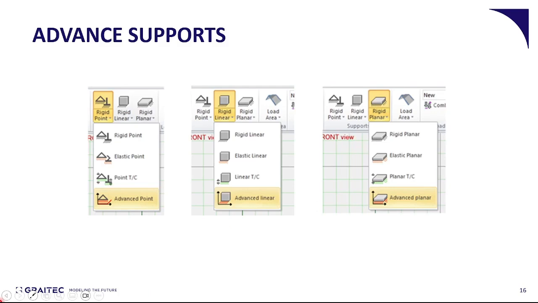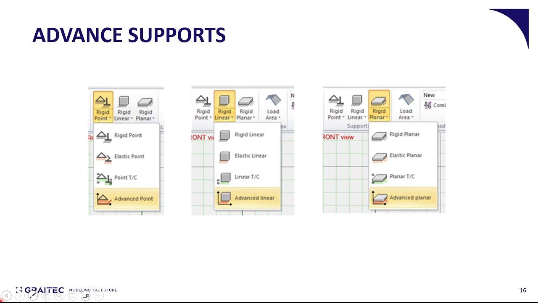The advanced supports can be either a point support, a linear support, or even a planar support, and they can be used in order to model the behavior of bridge bearings, the behavior of a flexible or a rigid pile, and even the behavior of the soil, in order to define a support that can be only compressive and not tensile at all.